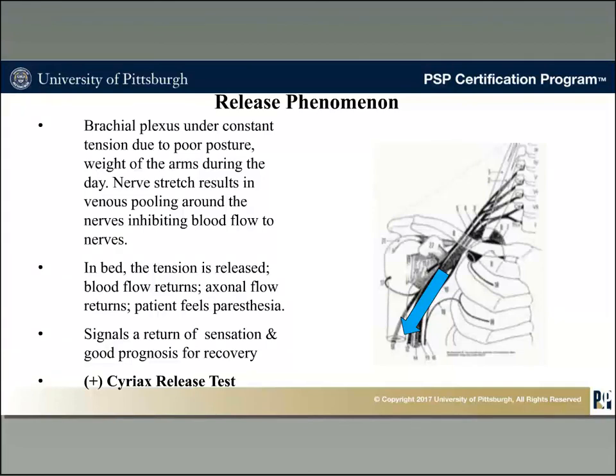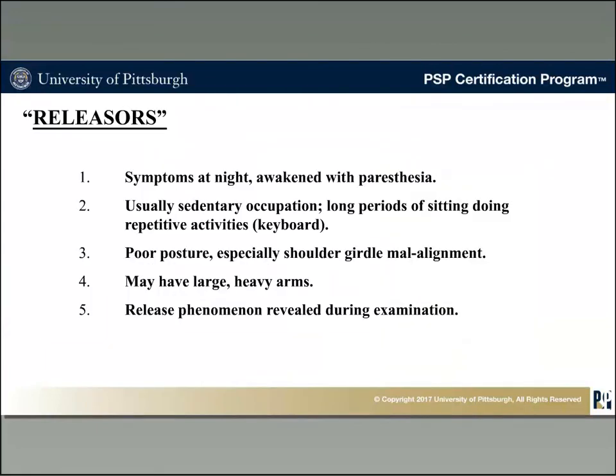In bed, the tension can be released, blood flow returns, axonal flow returns, and the patient may experience some paresthesia. Signals of a return include sensation. Actually, when we see this type of return of sensation, this is usually a good prognosis for recovery, and this is essentially what can be witnessed clinically by performing the Syriac's release test.